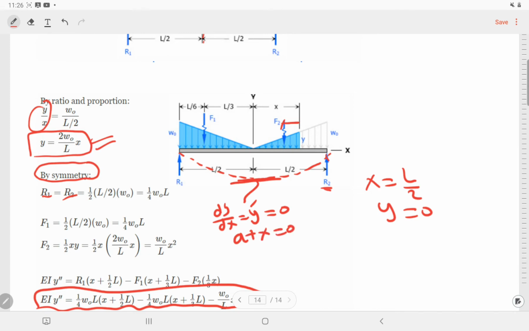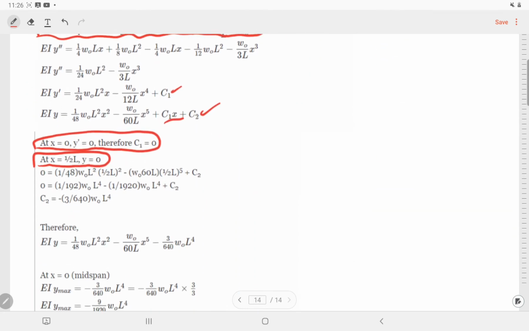You can use this condition, or even the second condition, which is at x equal to negative L over 2, y equal to 0. So use any condition you need. I'm going to use the first one, at x equal to 0, y dash equal to 0.